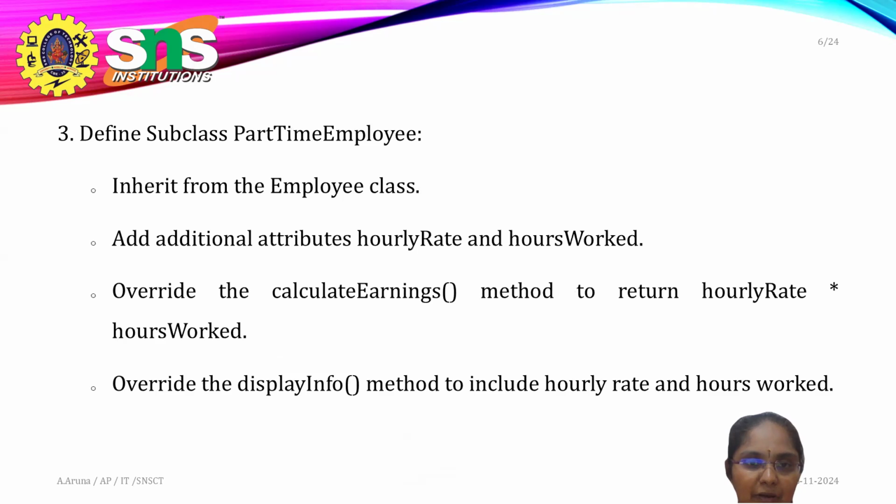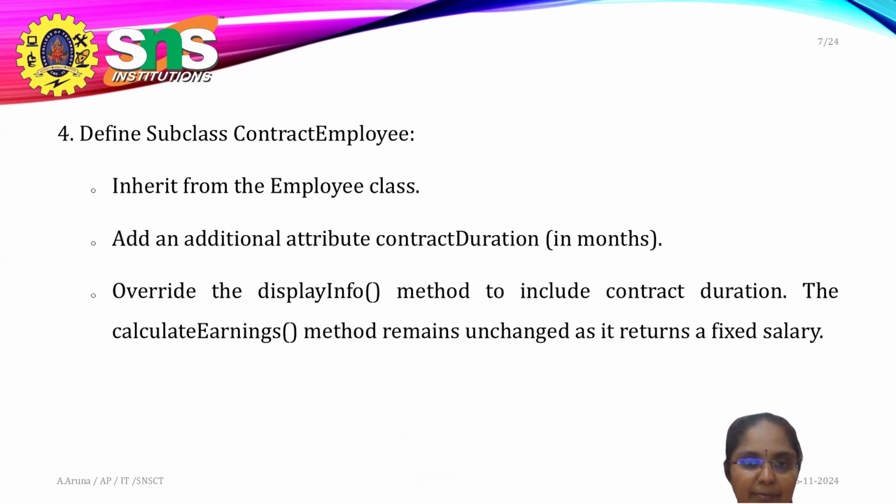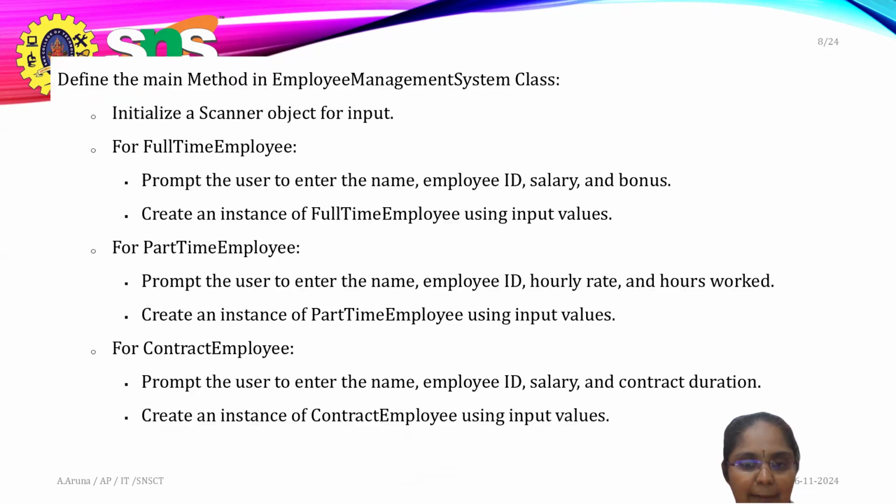Similarly, for the part-time employee, the extra attributes added are the hourly rate and the hours worked. The remaining two methods are inherited from the parent class. Similarly, for another subclass, contract employee, the additional attribute is the contract duration, which is in months. The remaining two methods are inherited from the base class Employee.